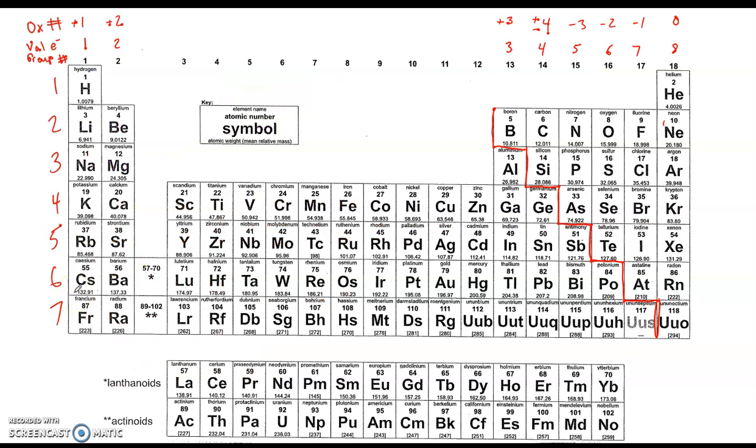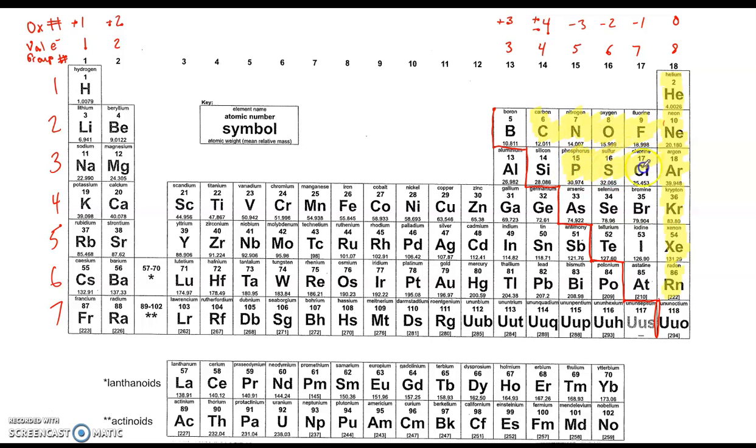Okay, so for the metals, nonmetals, and metalloids, I'm going to take out my highlighter. So you're going to want to shade these in lightly with a colored pencil. So pick a color. These are going to be the nonmetals. So I'm going to highlight all of these. We'll go carbon, nitrogen.